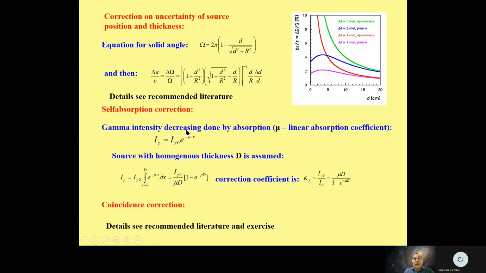This gamma intensity decreases by absorption, and the decrease is given by the thickness of the foil.